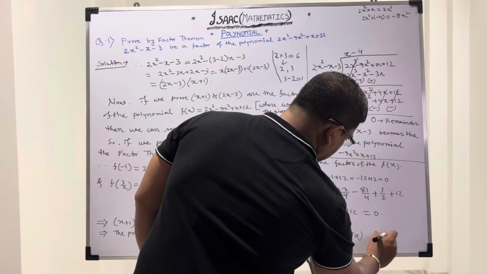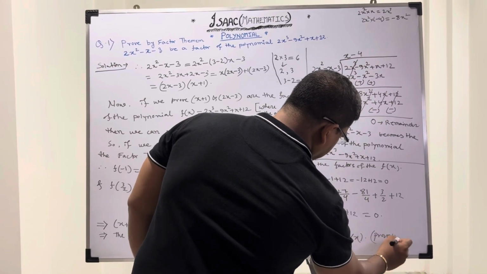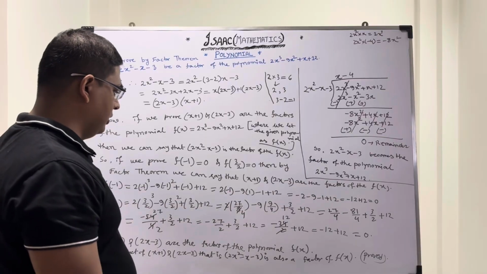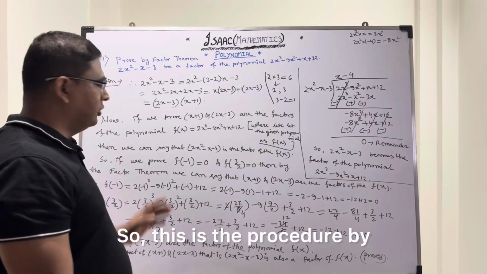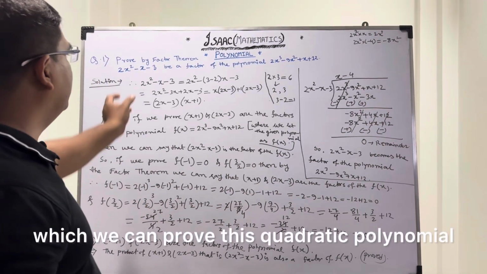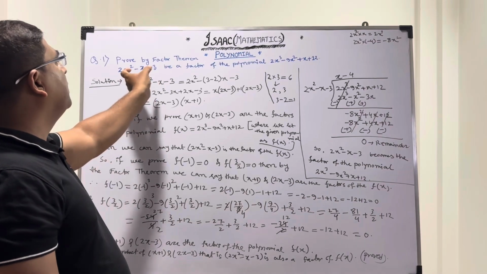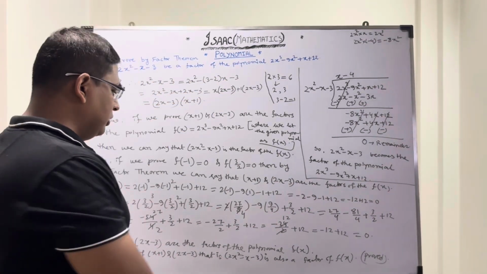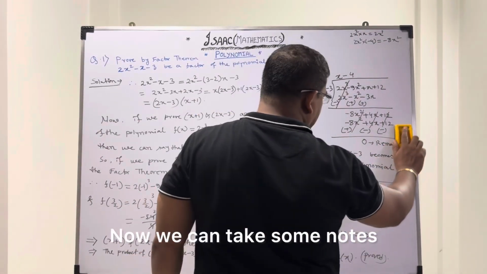Proved. So this is the procedure by which we can prove this quadratic polynomial to be a factor of this cubic polynomial. Okay. So now we can take some note.